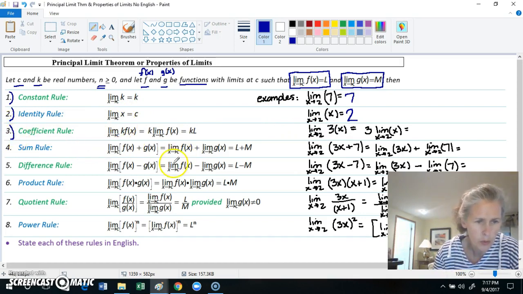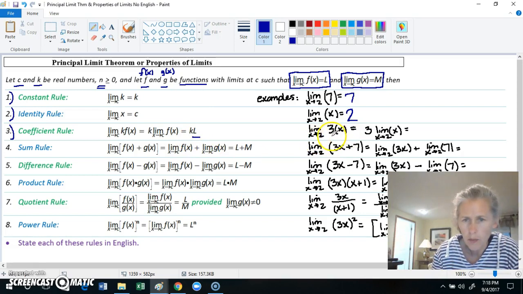All right, the coefficient rule. The limit of a coefficient times f of x is the same as the coefficient times the limit of f of x. Since the limit of f of x is L, we know the answer to this question is just the coefficient k times L. So let's take a look at our example.